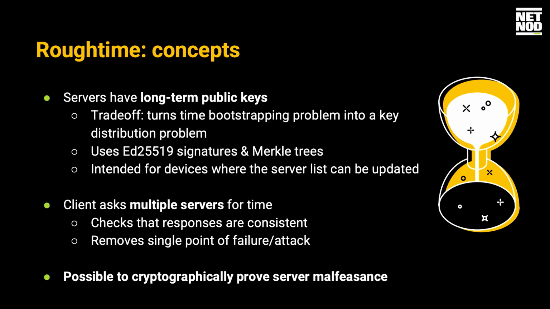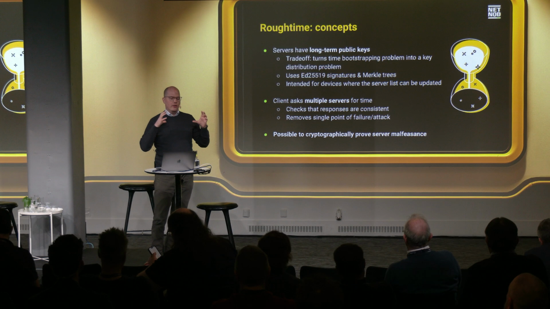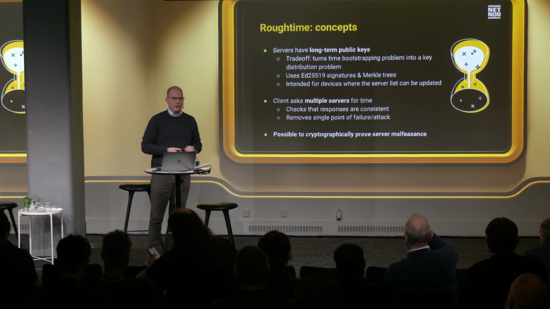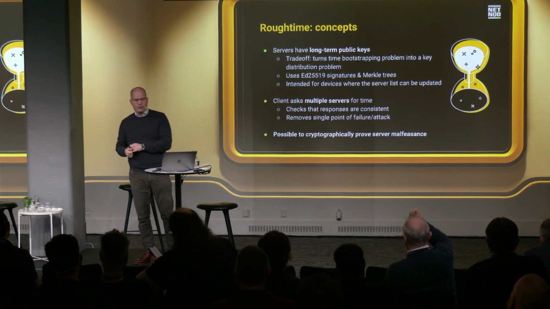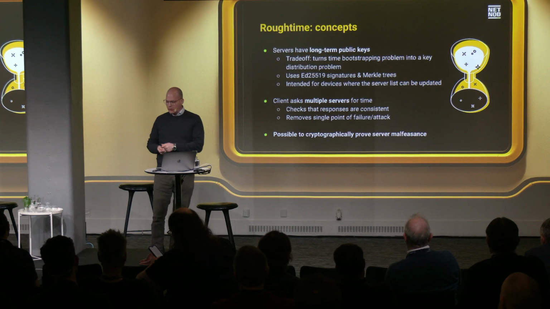A client then asks multiple servers for the time, and it does that sequentially, one after another, and can check that those responses are consistent, because time should be increasing, right? And this then removes the possibility of a single server failing or a single server sending a malicious response.